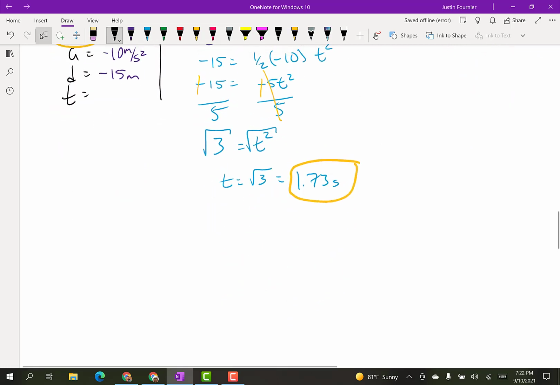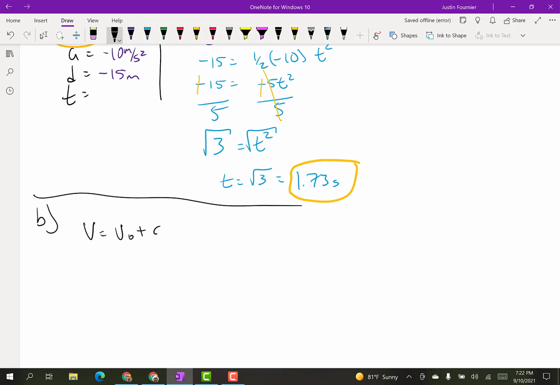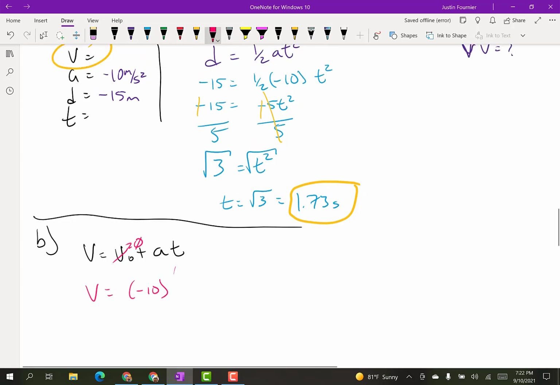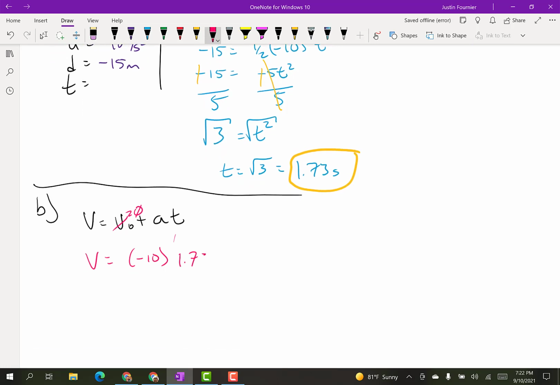So for part B, I'm going to use v equals the initial velocity. Well, it starts from rest, so that's just 0. And then the acceleration is negative 10 times the time, which I just found, which is 1.73. So the final velocity then is going to be negative 17.3 meters per second.